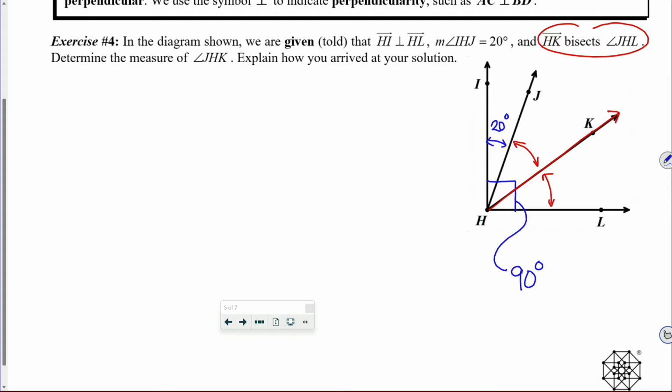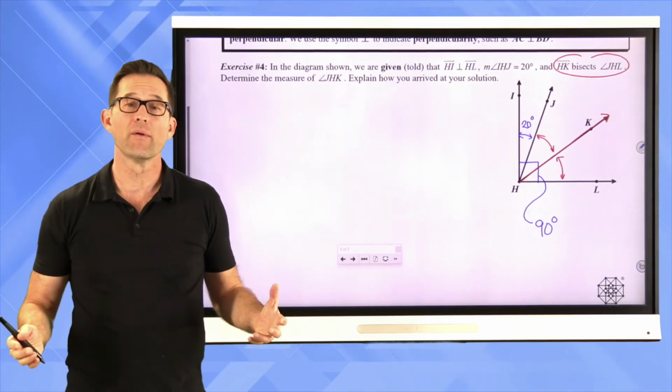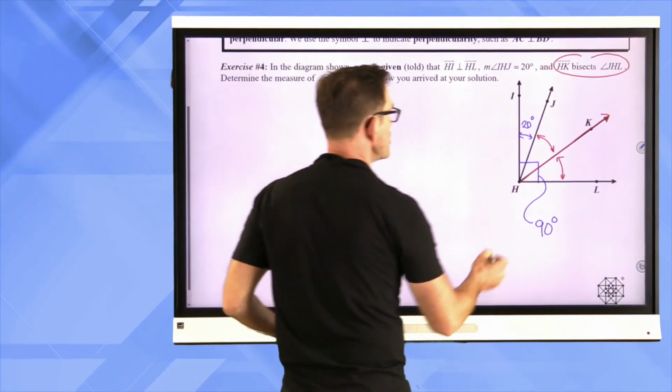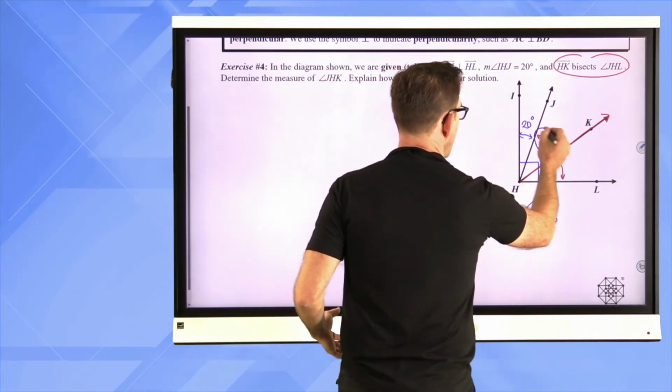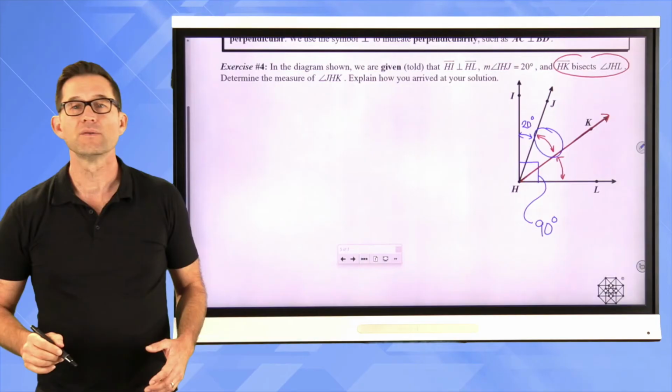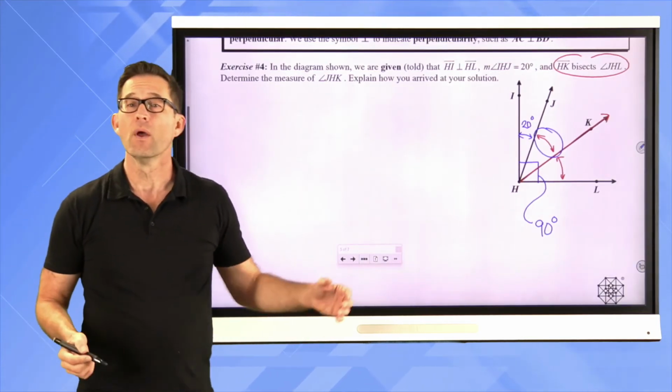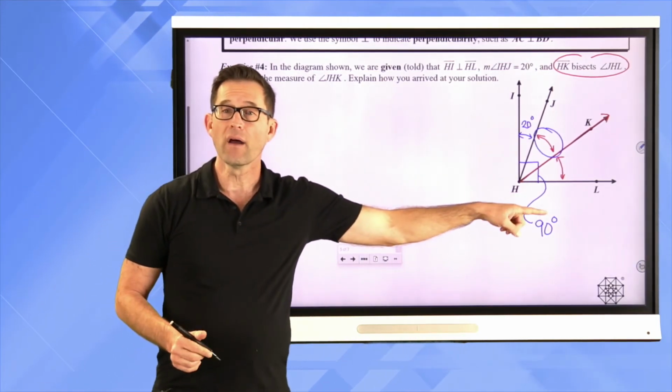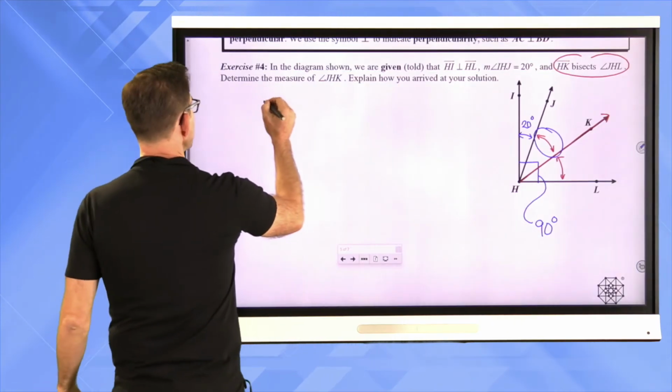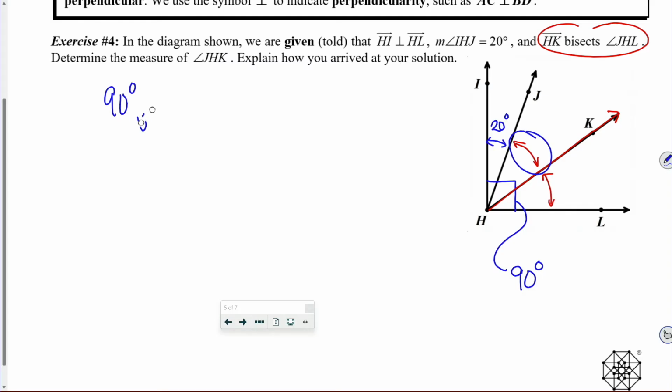Okay, so which angle do I want to know the measure of? That's JHK, that's this guy. Okay, so how do I figure it out? Well, I can take my 90 and I can subtract 20 degrees. Oh my, what is that? Minus 20 degrees, and that gives me 70 degrees. And that is the measure of angle JHL, right?